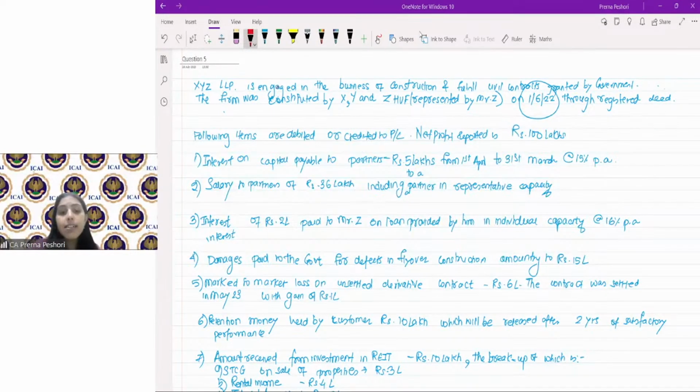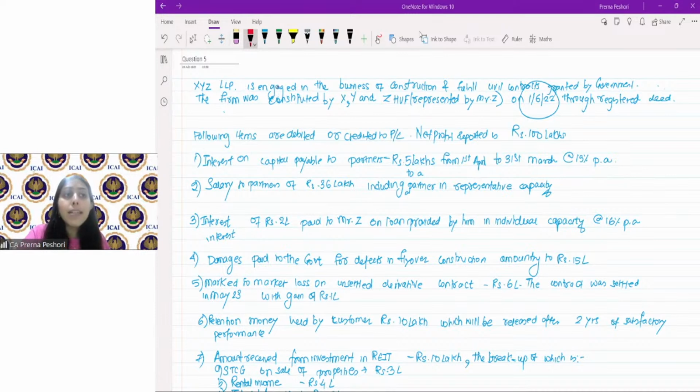Now, if you look at section 40(b), which talks about the interest or remuneration to the partner, first I am talking about the interest. So what does 40(b) say? That any interest payment authorized by the partnership deed falling after the date of such deed, to the extent such interest is up to 12% per annum.